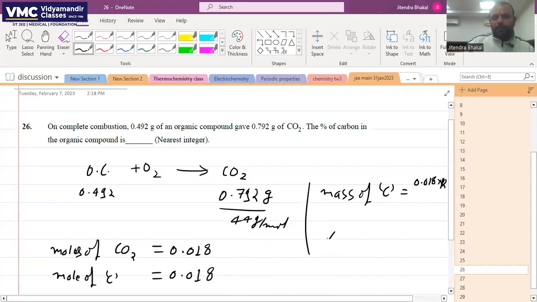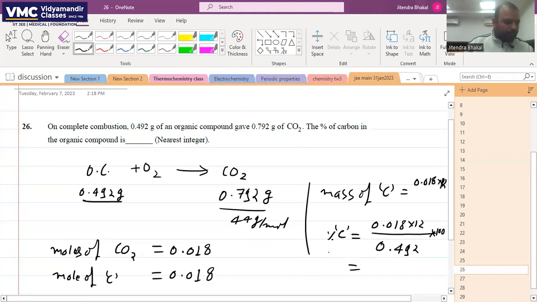So percentage of carbon in the organic compound: mass of carbon 0.018 into 12 divided by mass of the compound, which is given 0.492 into 100. Now, on calculation, we will get the percentage of carbon, which is equals to 44%. Okay. Then question number 27.